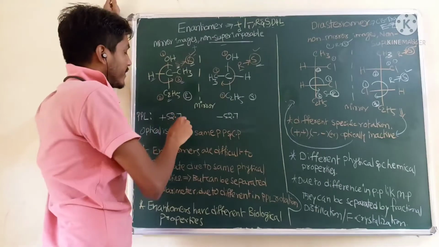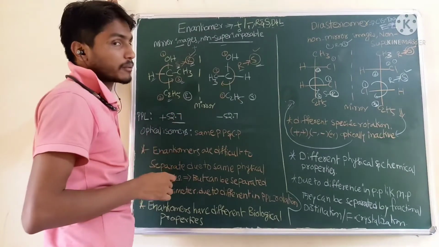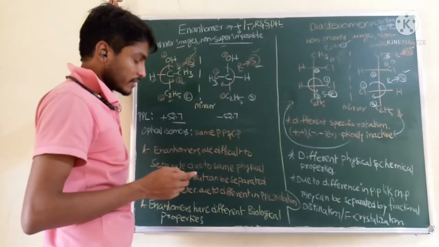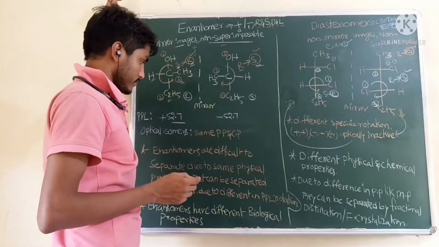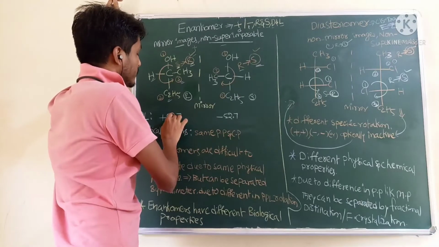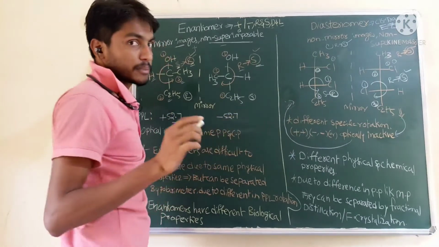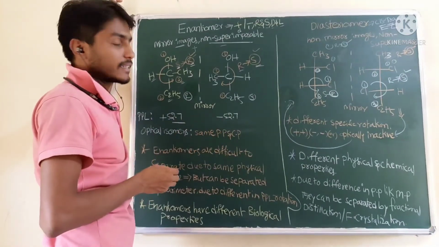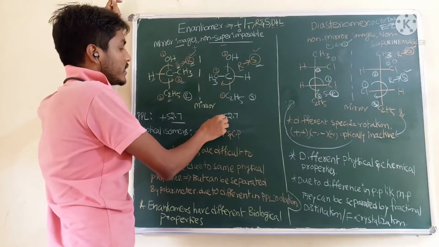But these have specific rotation. They will rotate plane polarized light. Specific rotation is the same: 52.7, 52.7. But their sign is different, here positive, here negative.